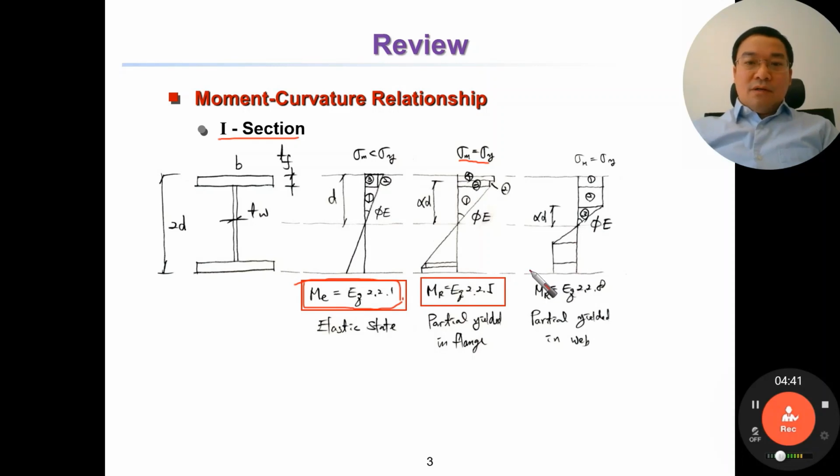For the elastic plastic phase, we can divide the section into 3 parts, 1, 2 and 3.